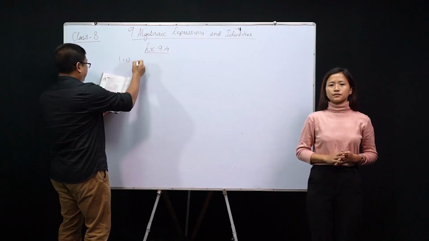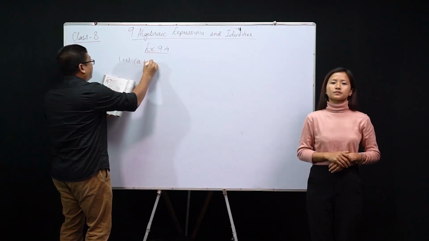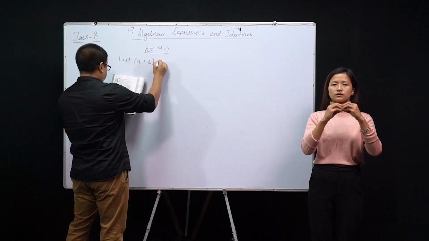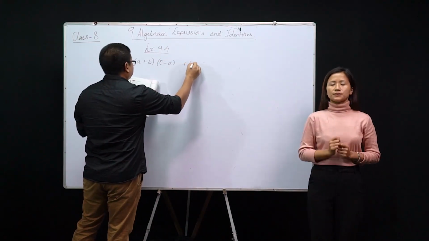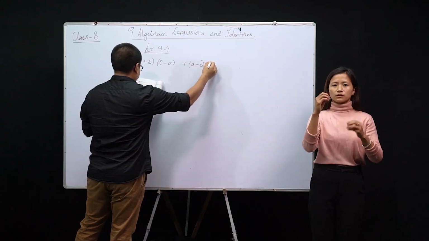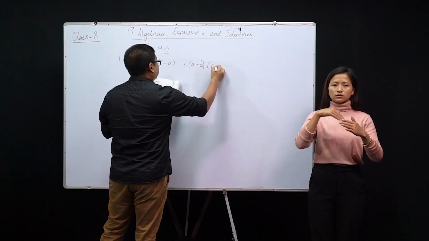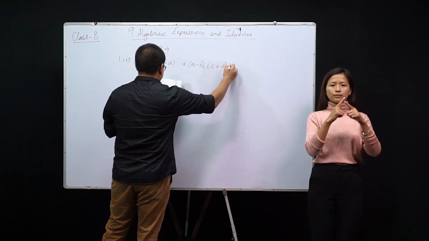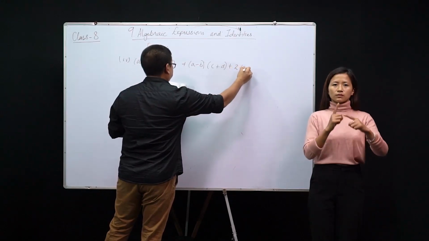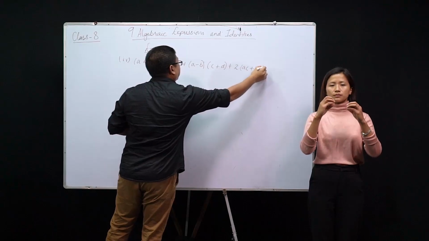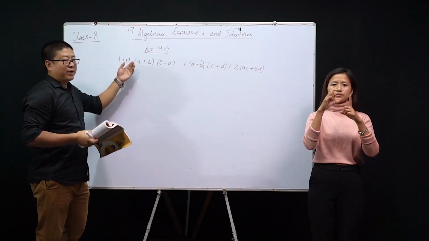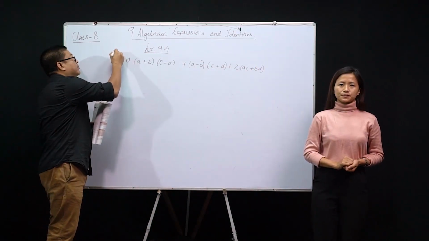Let's look at one example. (A plus B) into (C minus D) plus (A minus B) into (C plus D) plus 2 into (AC plus BD). So this is your question number 3 for 3.